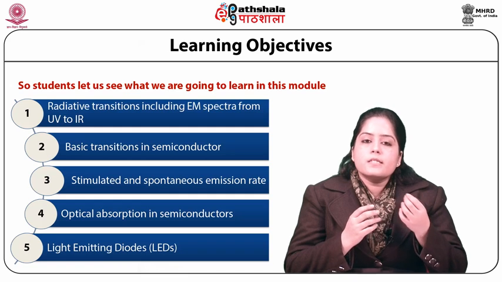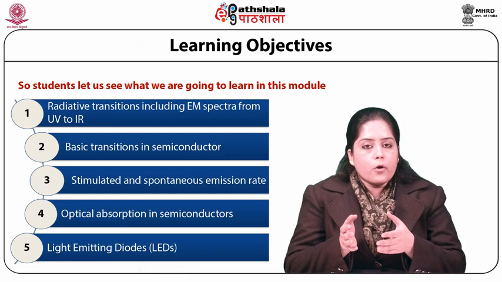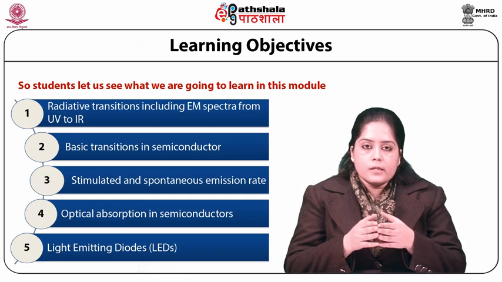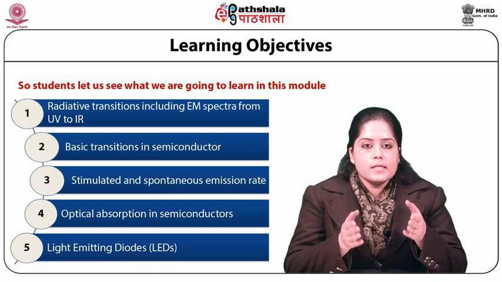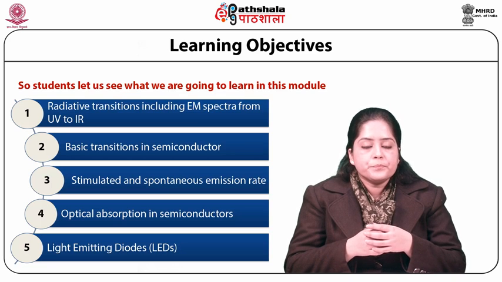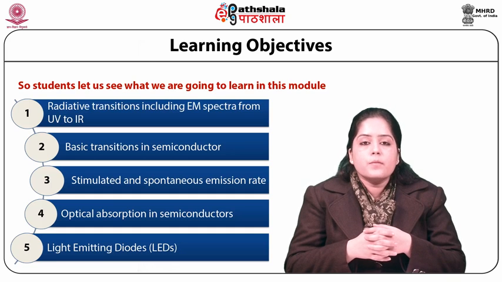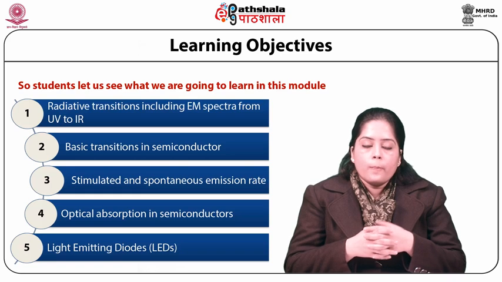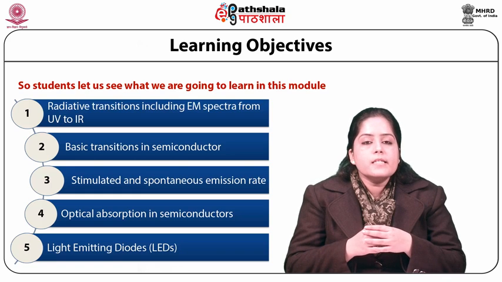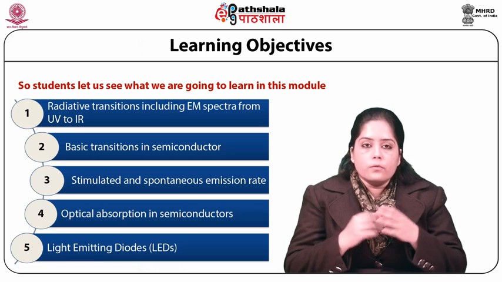Thirdly, the stimulated and spontaneous emission rate will be discussed in this module. Next, we will discuss the optical absorption in semiconductors. Lastly, the light emitting diodes, LED, will be discussed in this module.